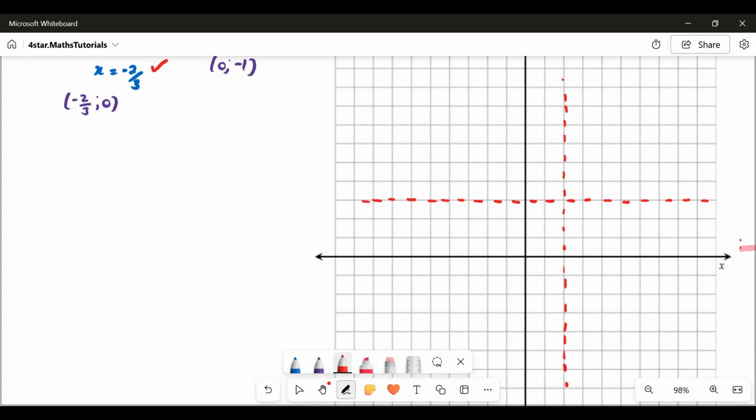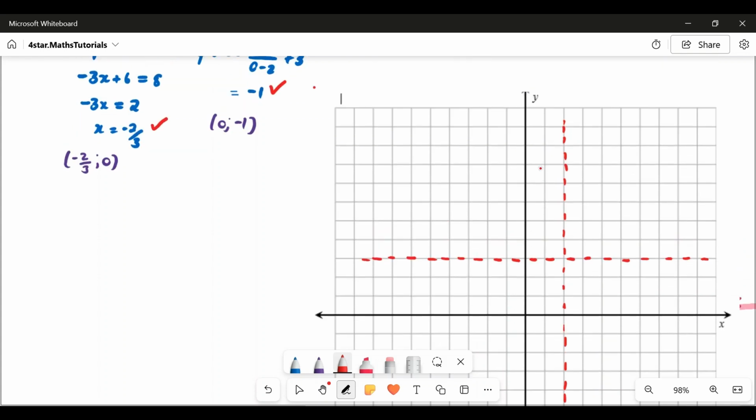Then remember hyperbola, we're having twins in hyperbola. So let's check the x-intercept. We're having negative 2 divided by 3, which is approximately negative 0,667.